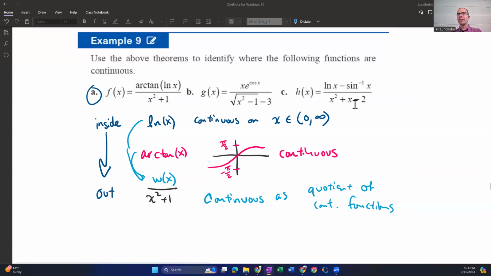Here we could probably factor, and there would be a couple of points that we would need to avoid that would make the denominator equal 0. But again, I'm not going to crush you guys on this stuff. Really, I want you to just have a flavor that we can break apart more complicated functions and examine the continuity piece by piece. That's the major idea.